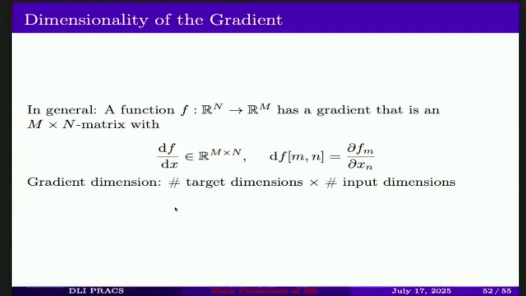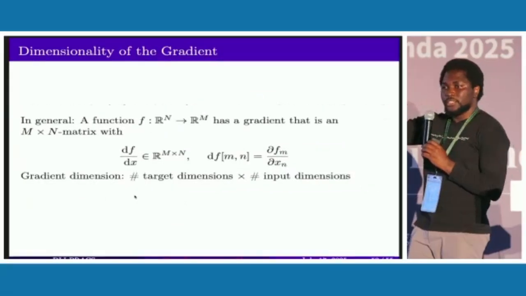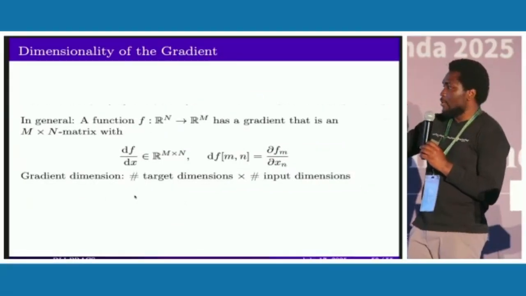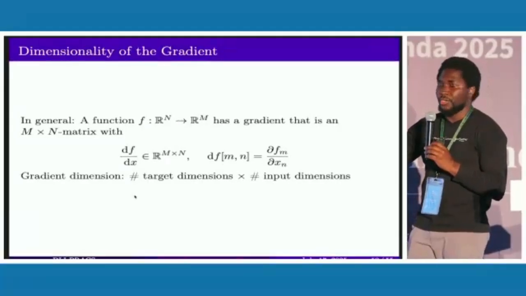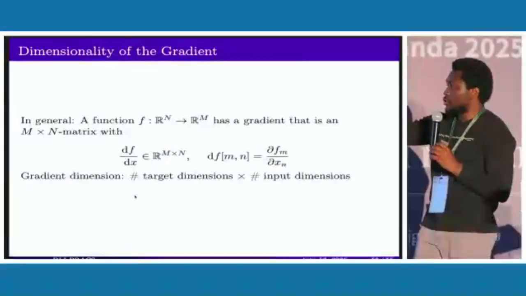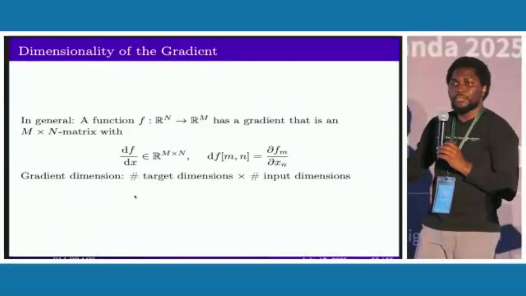The shape of the Jacobian matrix is the output dimensions by the input dimensions, because a matrix is taking an input dimension and mapping it to an output dimension. So what you expect the shape of the Jacobian matrix to be is the number of dimensions of the output, which we are calling the target if you are doing machine learning, by the number of dimensions of your input.